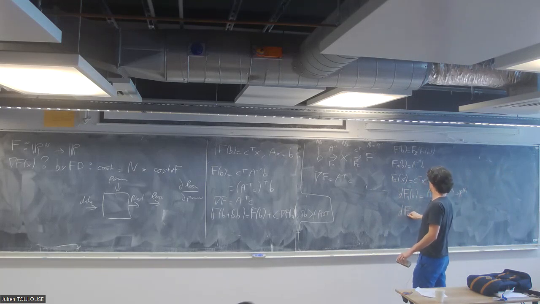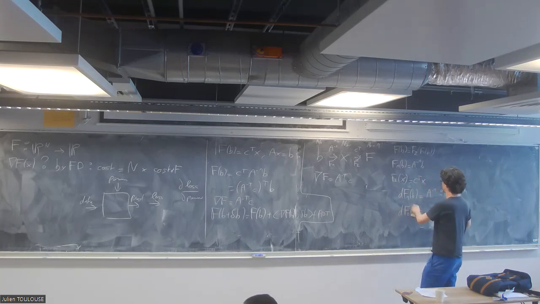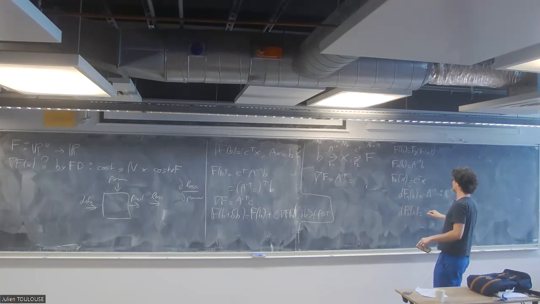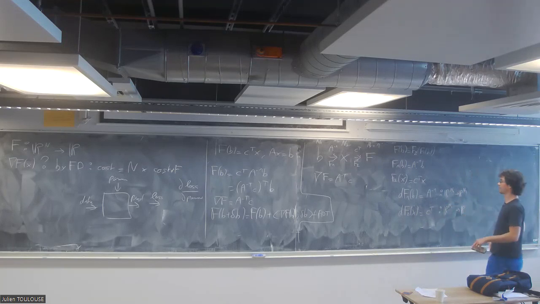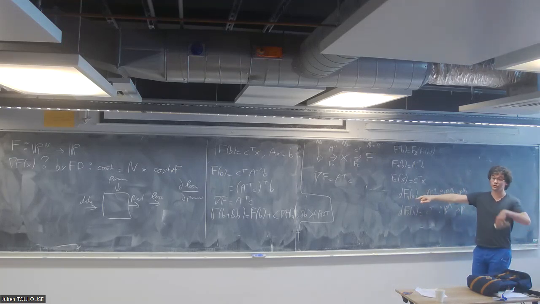What is dF2 of X? It's C transpose. So it goes from R^n2 to R. Here you see the differential does not depend on the point at which I've taken it.